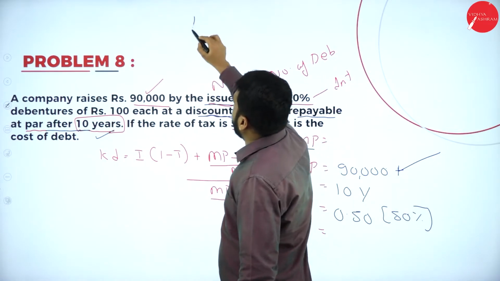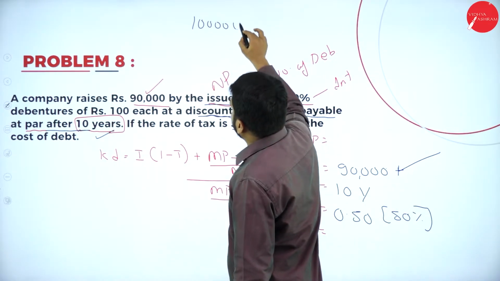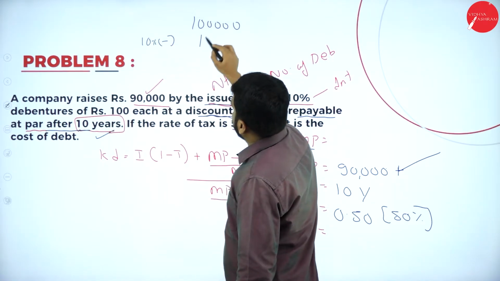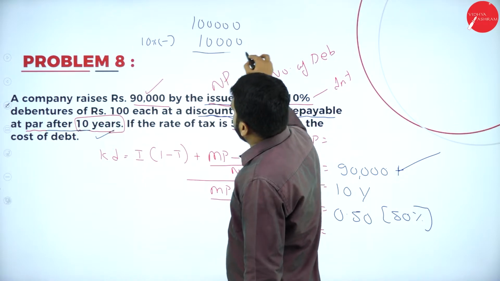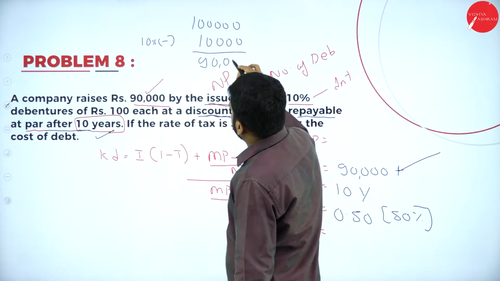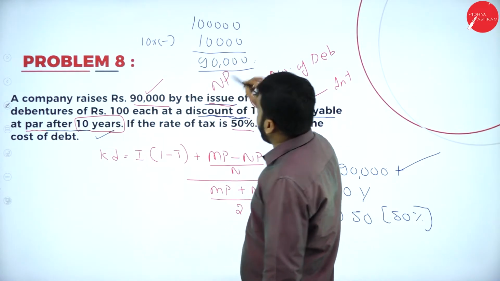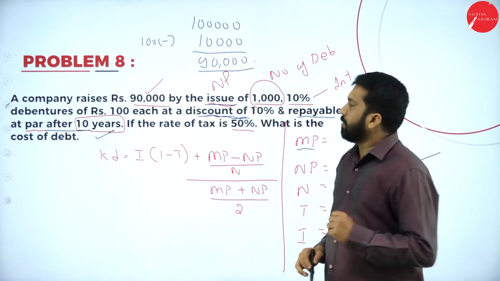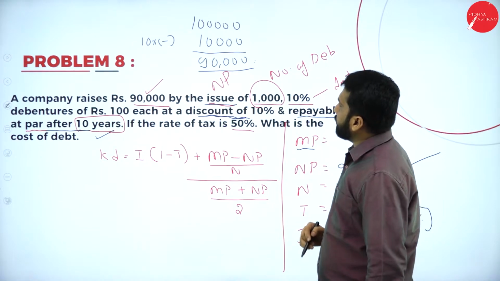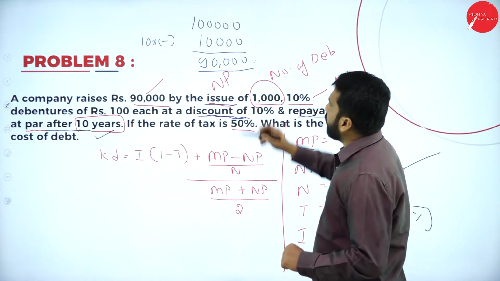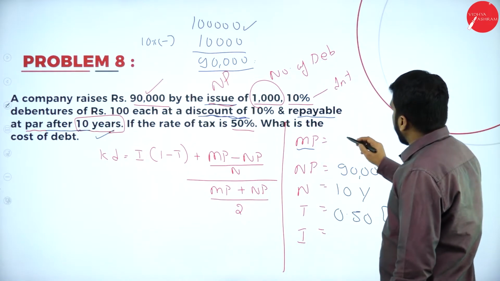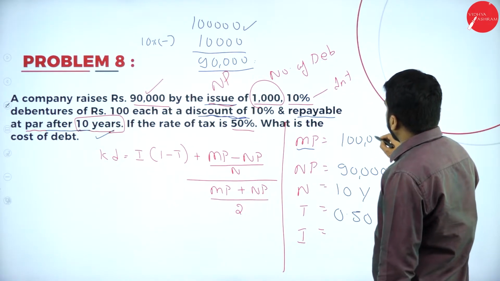The actual value is 1 lakh. 10% discount, 10,000, so it has become 90,000. 90,000 is only your NP. So net proceeds is 90,000, but your actual value is 1 lakh. So MP is 1 lakh.